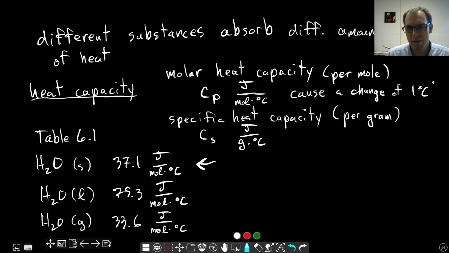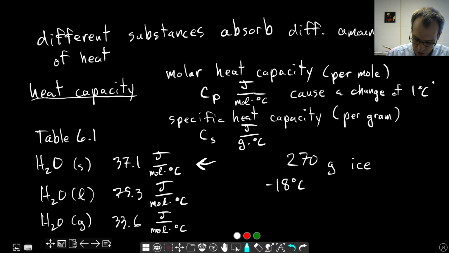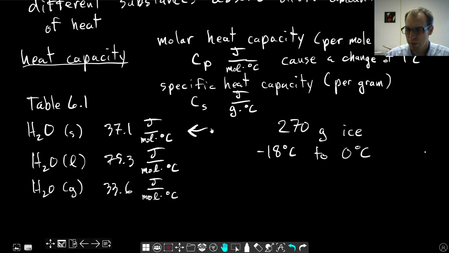So how do we use this heat capacity to actually calculate? We had our 270 grams of ice in the form of snow that we'd like to heat from negative 18 degrees Celsius, that was our starting point, to 0 degrees Celsius. The way we calculate this is a pretty simple equation.